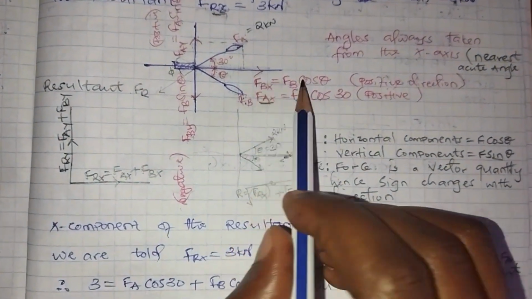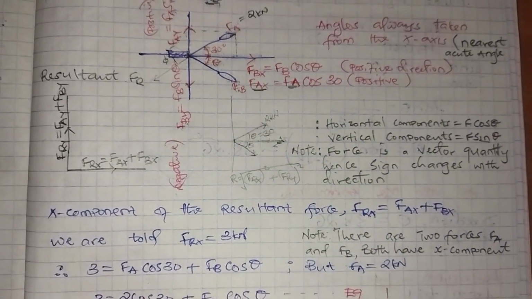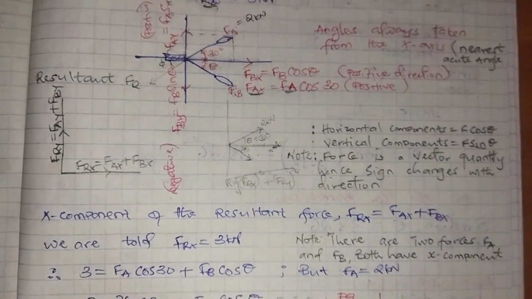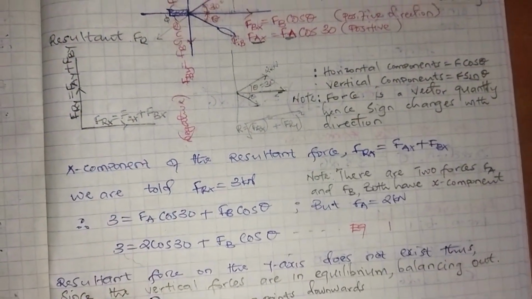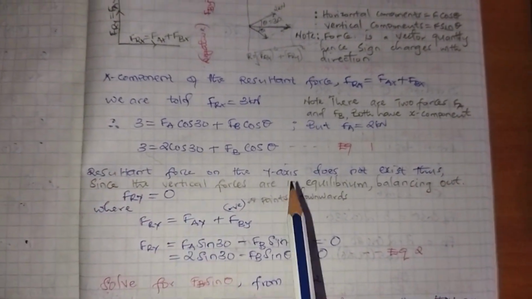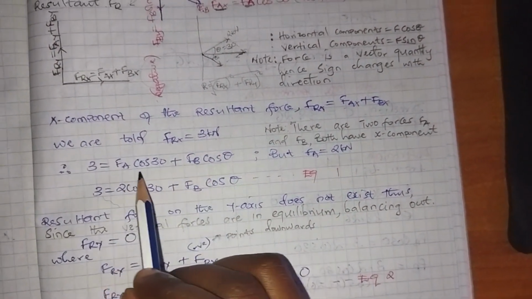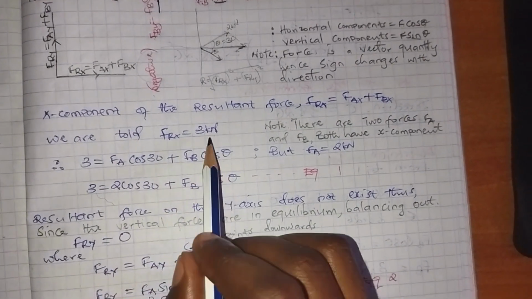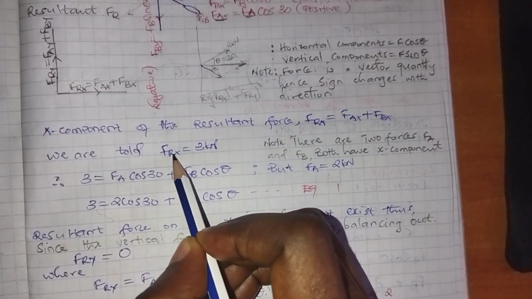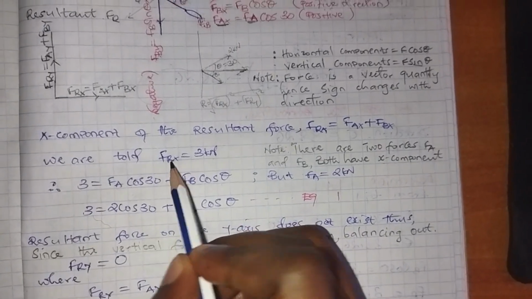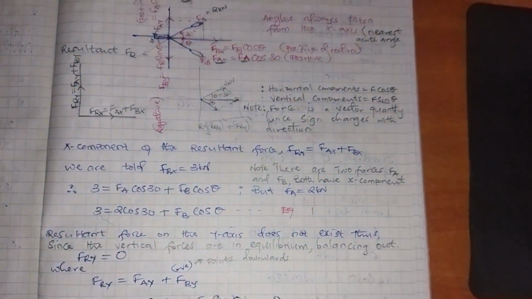So we have the x components. Now when you add them, they will give you an x component that will represent the two forces. So that is why we're having a single force Fx that is represented as a sum. The resultant force is representing the two forces.